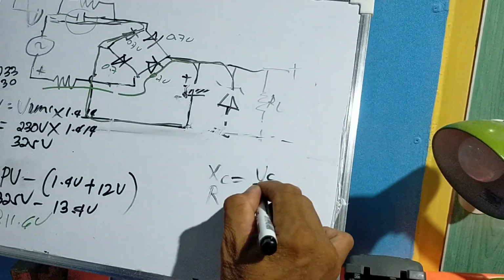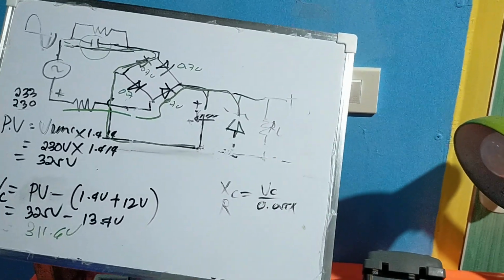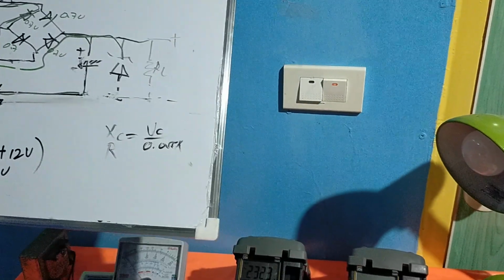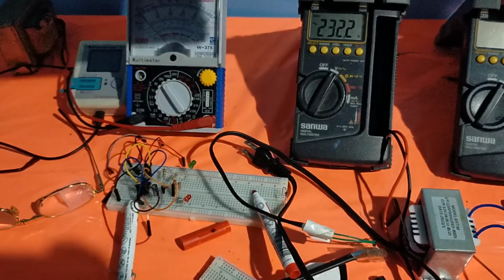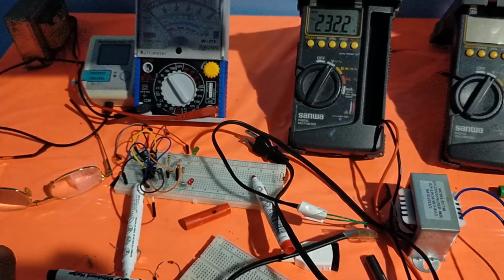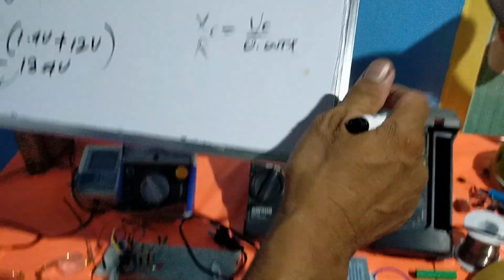The current rate is actually 0.055 amperes. That is the current rate required by the load resistance. So this appliance protector circuit needs at least 55 milliamperes or 0.055 amperes.